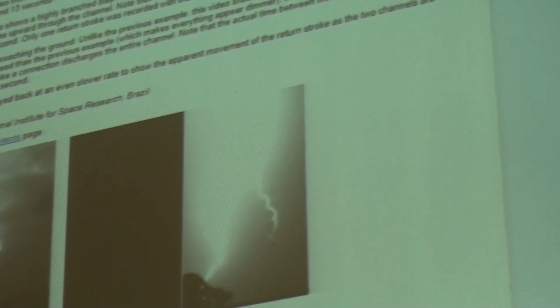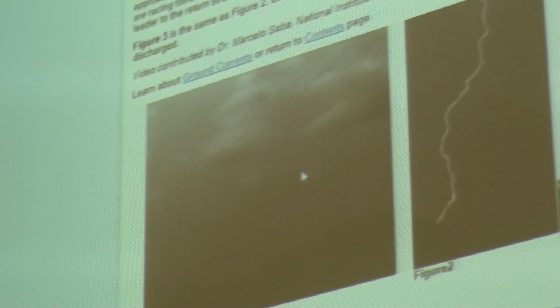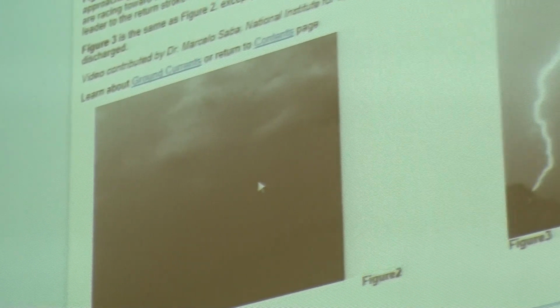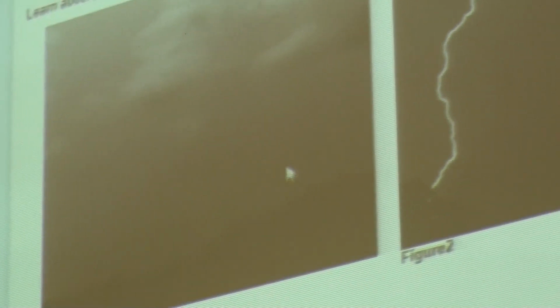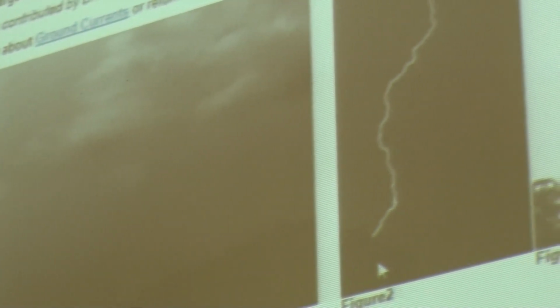And so we can see here then, if we can zoom in on this, we see the stepped leader moving down. We can let that happen again. Here we go. Here the stepped leaders are moving down, and then the plasma filaments reach up, and at the moment that the plasma filament connects, we get the lightning strike.